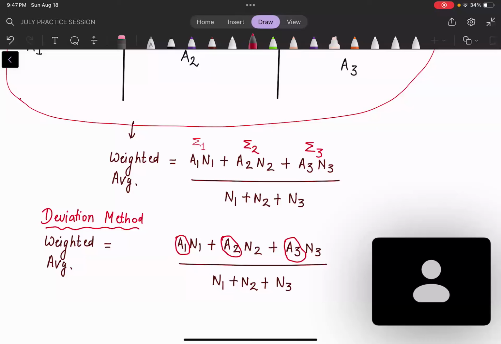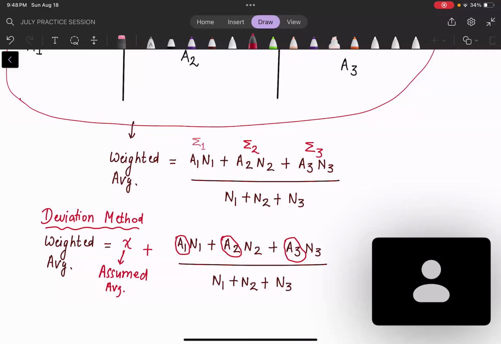So suppose that assumed value is X. Let's say the value is X. So X is the assumed average. It is not your assumption. So assumed average. If you recall the deviation method, once you take a value, after taking the value, you have to observe one thing.